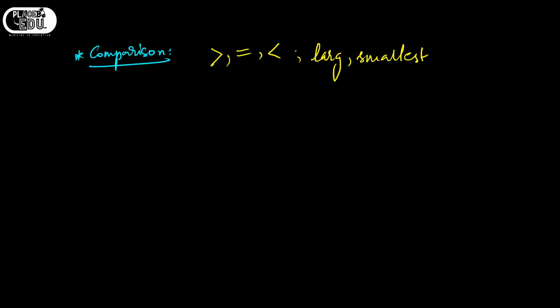It's very clear that 1 by 2 and 1 by 4. From childhood we are saying that 4 is greater than 2, so we may attempt to write 1 by 4 is greater than 1 by 2, which is false.